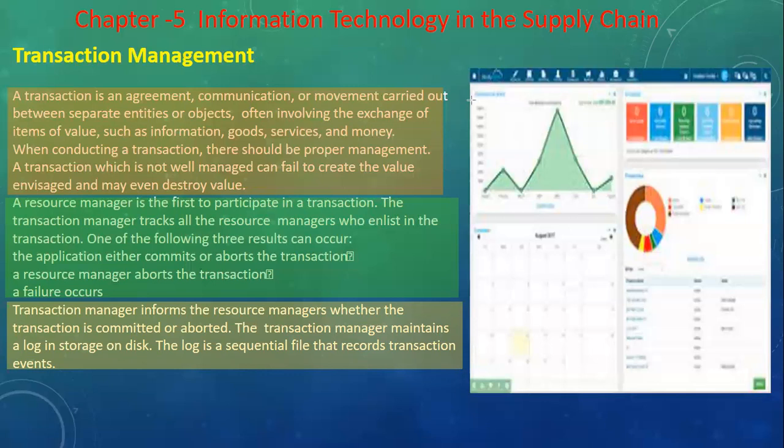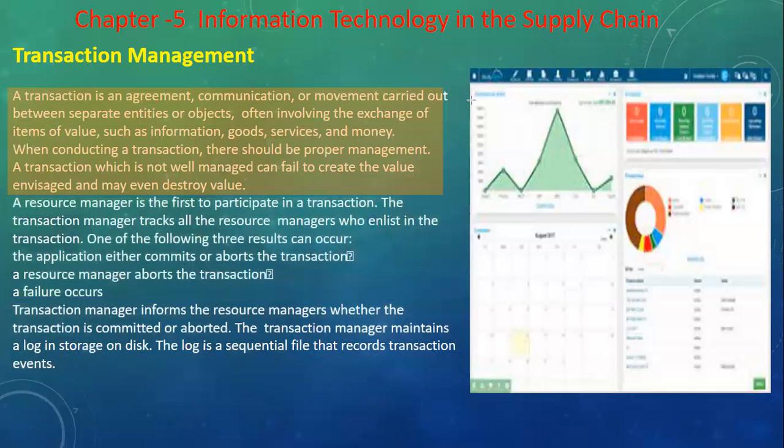Okay, so the main thing we need to understand here is what transaction management is in information technology. Transaction management in information technology is the part where the order which is received from the customer goes to the manufacturer, that in a purchase order he needs some goods.